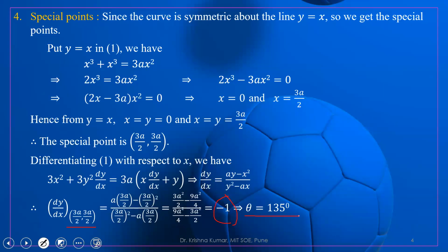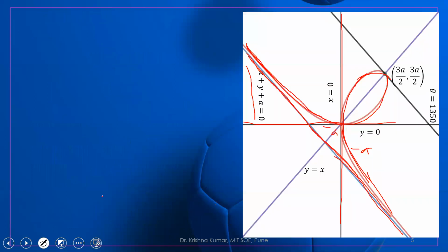What it means is that the tangent at the point (3a by 2, 3a by 2) makes a 135 degree angle with the x-axis.